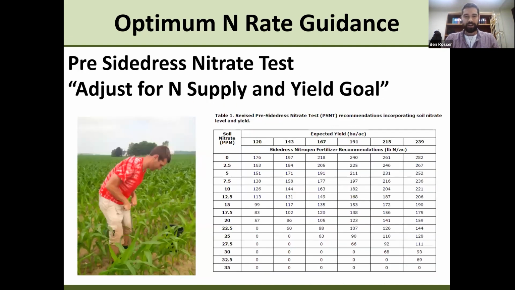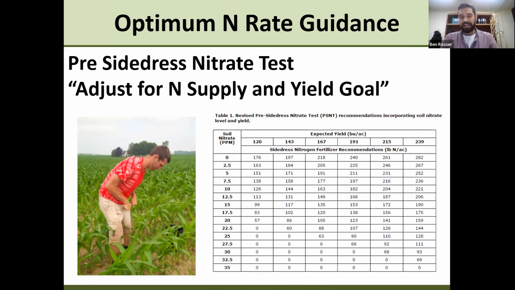One more tool you might hear about in terms of managing nitrogen is what we call the pre-sidedress nitrate test, or PSNT. It's a little bit different from the calculator. Instead of looking at average responses, this is actually going out to the field just before sidedress time, when corn's maybe not quite knee-high stage, taking a 12-inch soil probe out of the field and getting a ppm value for what the nitrate level is in that field.